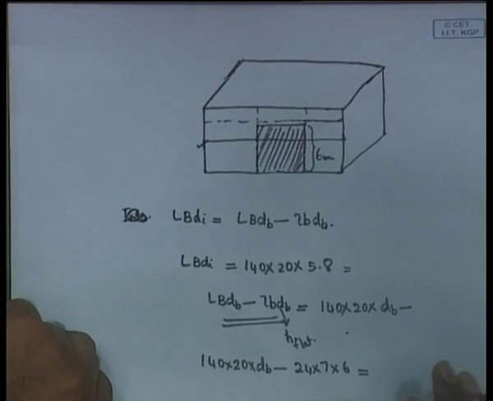But here we are assuming that water is going above that flat. Yes, but it may not. No, you are assuming, but that is just intuitive. See, initial draft is 5.8 meters, the height of the flat is 6 meters. Now, when water enters, I think it is reasonable to start with the assumption that it will go above 6. If you do not assume, you will see that your answer will come above 6, therefore your answer is wrong.